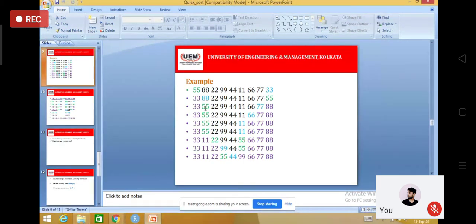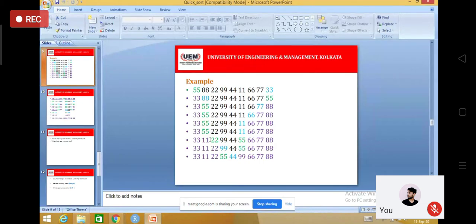When you have swapped in this part, then right will be decremented: right equals right minus 1. Compare 55 and 77. No change. Compare 55 with 66. No change. Compare 55 with 11. 11 is smaller, so again you do the swap.